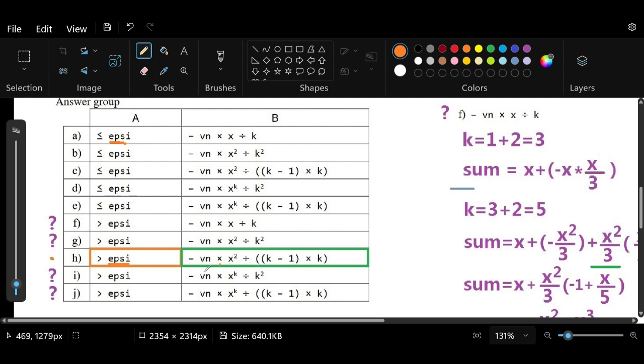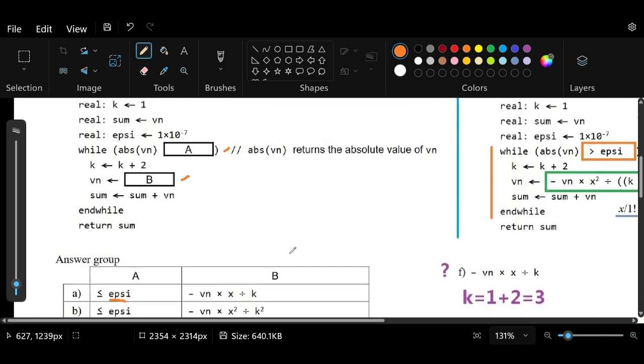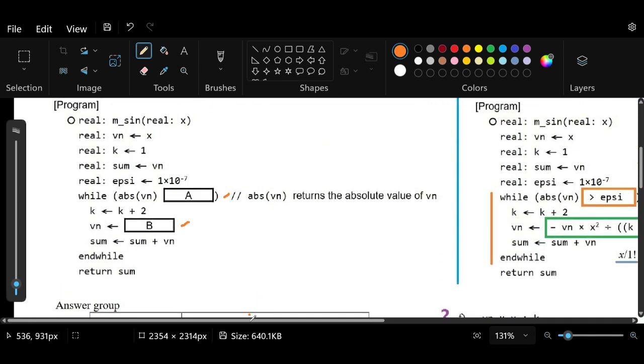Now, to understand how I eventually got the correct answer for blank A, we should look at the program and also the description.